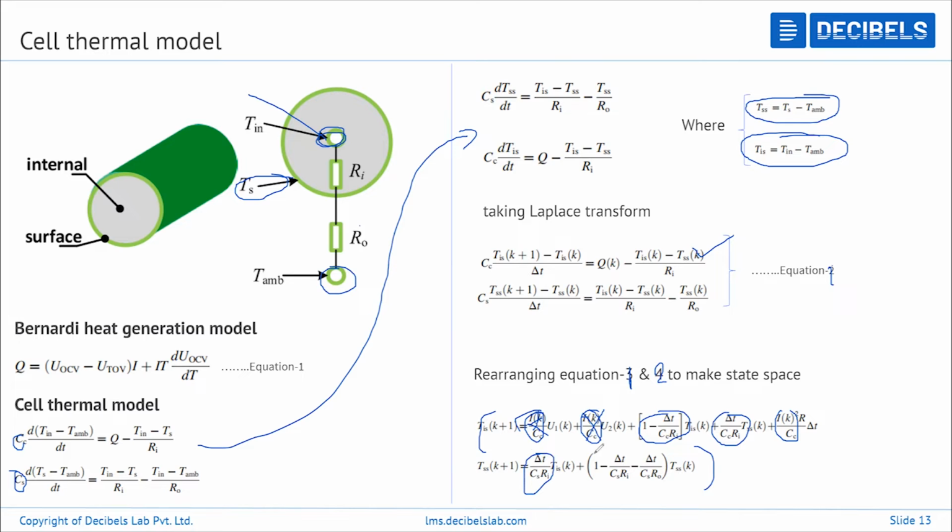Similarly, these two. So these Tis and Tss are going to sit in the X matrix. If I take the typical state space, that is A into X plus B into U, right? So I'll try to show you that model.